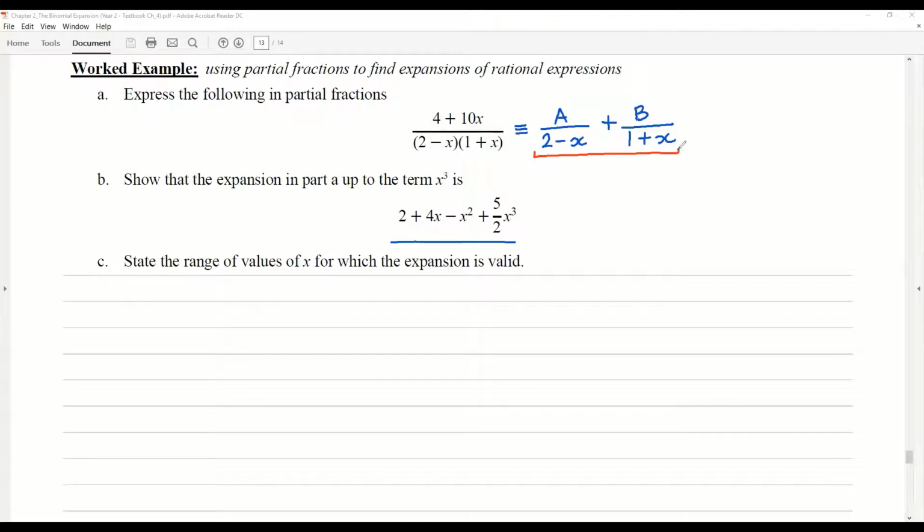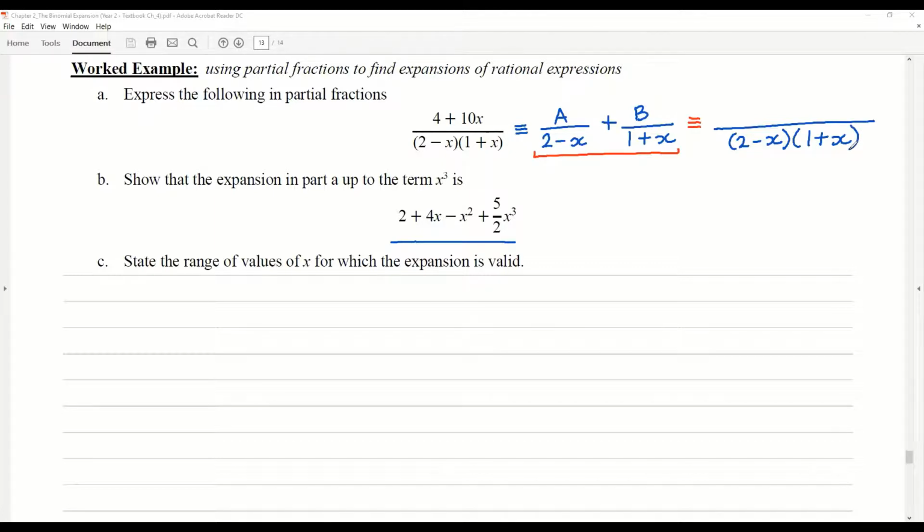So the way to do this is we're going to find an equivalent pair of fractions. Our common denominator is, of course, what we started off with, which is 2 subtract x multiplied by 1 add x. So I'll write those in.